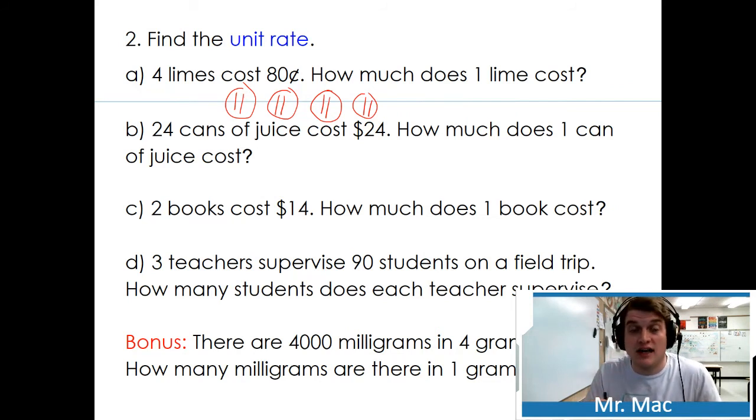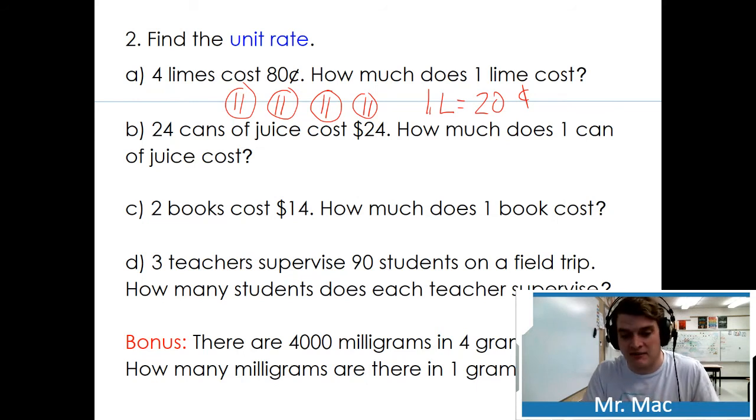Awesome. I can share 80 cents equally with 4 limes, which means that 1 lime would cost 20 cents. 1 lime equals 20 cents. Go ahead, complete this page, and then you can check our answers in our game.